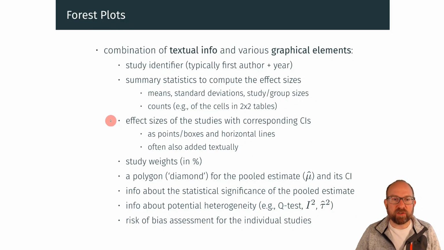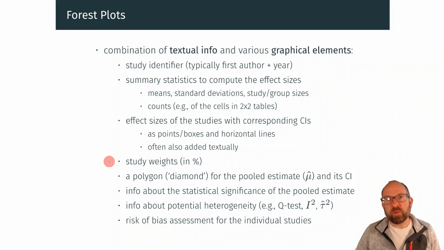Then we have the actual effect sizes of the studies with corresponding confidence intervals. These are typically given as points or boxes with horizontal lines corresponding to the confidence intervals. This information is also often added textually, so you can read off the numbers themselves.